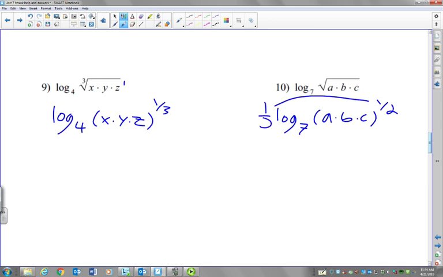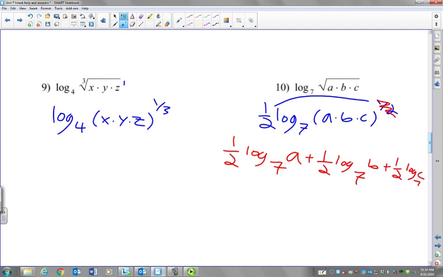And if you bring the half in front first as a first step there, then we could just write each of those with pluses. So 1/2 log base 7 of a plus 1/2 log base 7 of b plus 1/2 log base 7 of c. And so you have it.